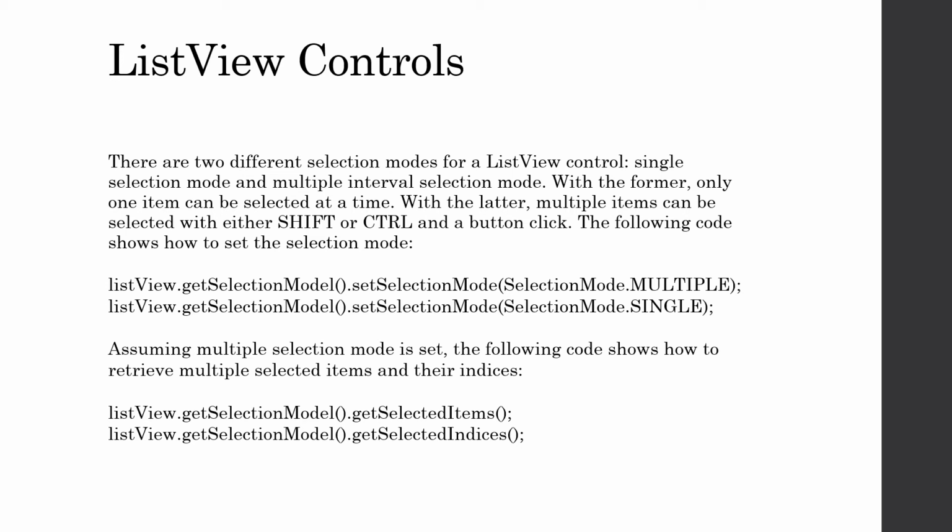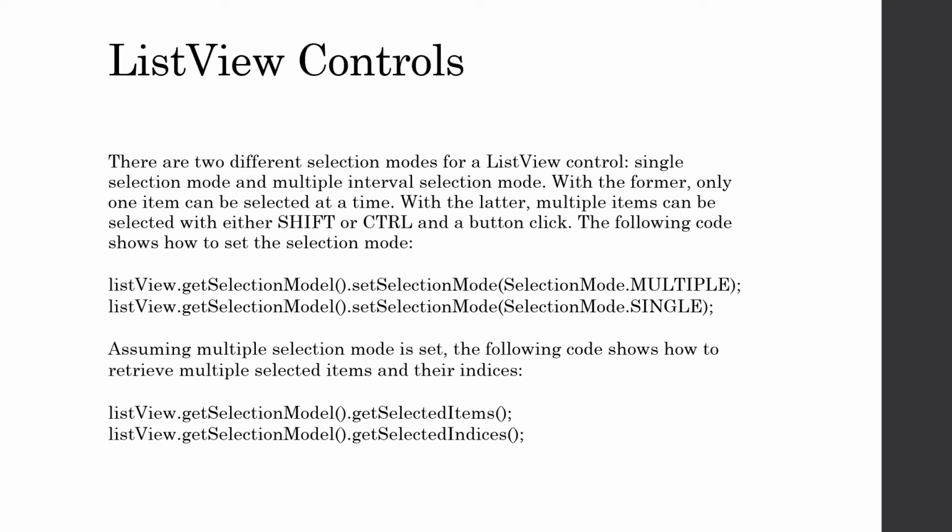So the following code shows how to set the selection mode. Because this is dealing with selections in some way, you're going to see that getSelectionModel method. So we're seeing ListView.getSelectionModel.setSelectionMode, and what we're passing in is a selection mode, either multiple or single.